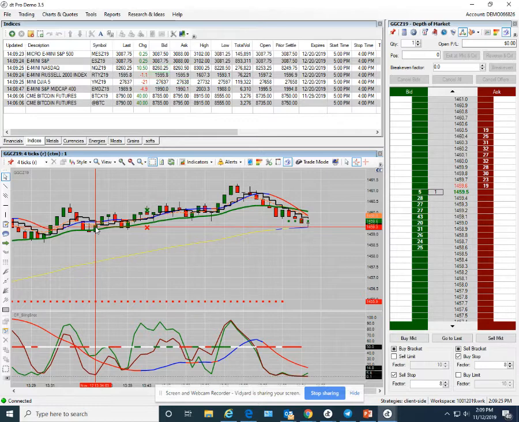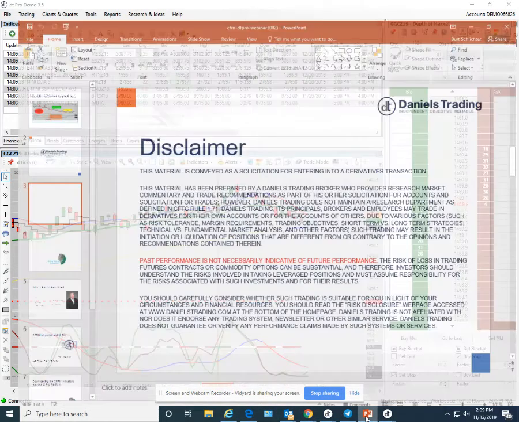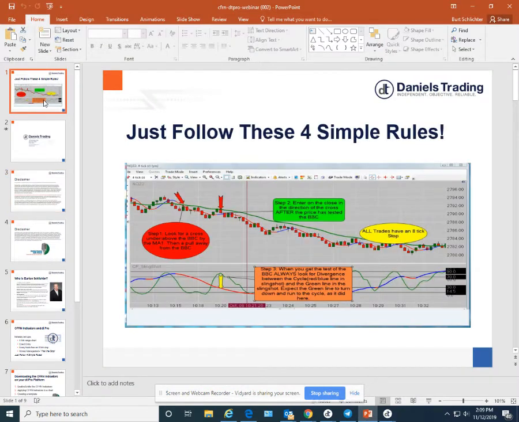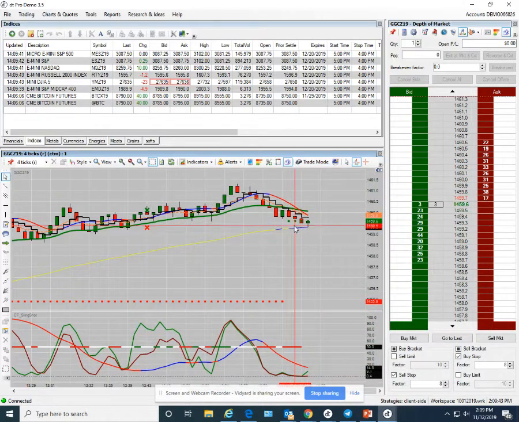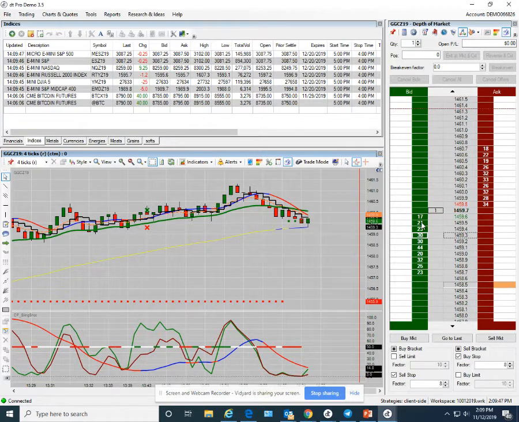When all the rules apply, when the market is trending, when steps 1, 2, 3 are all in play, the only thing left to do is go inside the DOM and take action and execute.